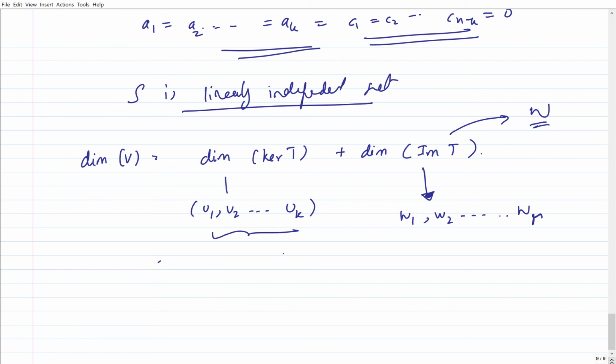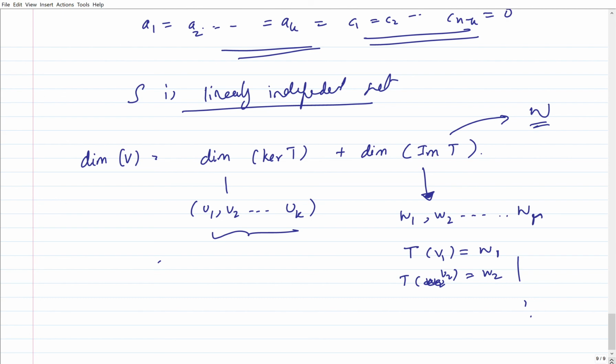Now I can argue what I can do is write down inversely, define T v1 such that this is w1, T v2 is w2, and so on and so forth.